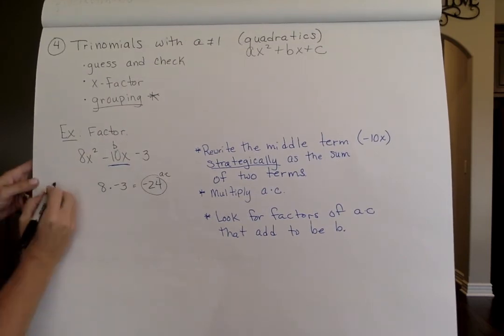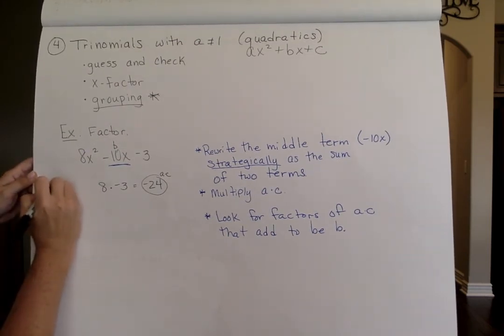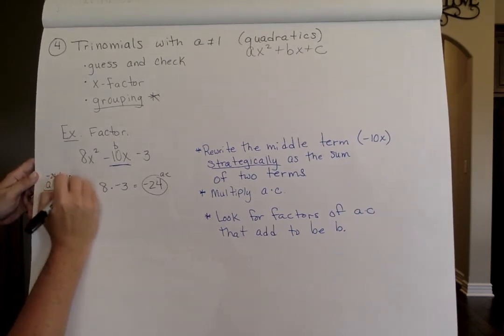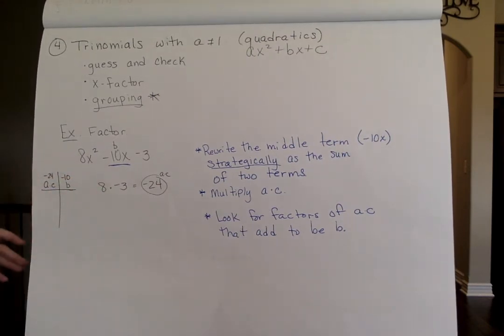So I might even make another little chart. I'm going to say A times C is negative 24, negative 10, that's B. So I need to think about ways that I can multiply to get negative 24, add to get negative 10. Again, we're multiplying 2 numbers to get a negative, so that's a positive times a negative. And I want to add a positive and a negative and get a negative, meaning the larger number needs to be negative.